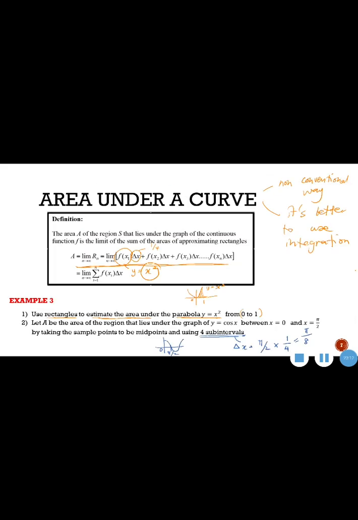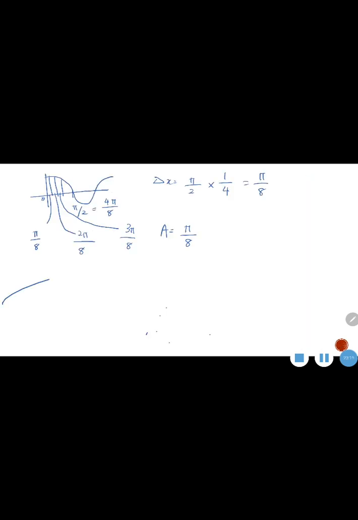Y equal to cos x, so it should be times cos pi over 8, plus pi over 8 times cos 2 pi over 8, plus pi over 8 times cos 3 pi over 8, and cos 4 pi over 8. So this is the answer for example 3.2.